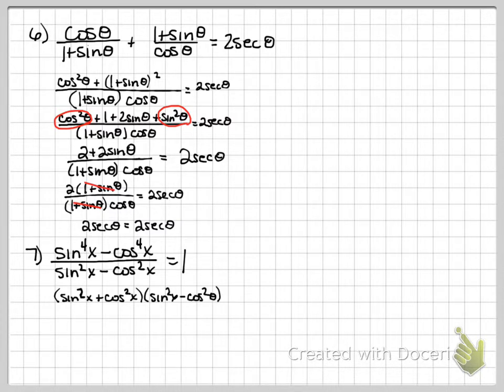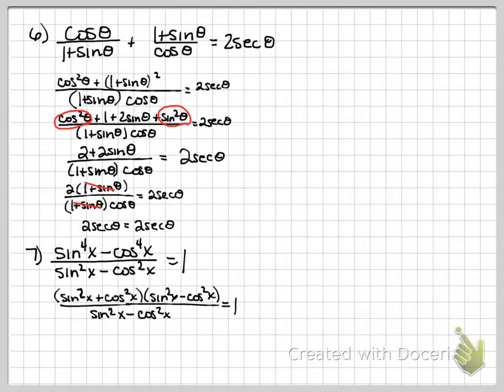And I wrote theta, I'm sorry about that. All over my denominator of sine squared x minus cosine squared x, and the first factor is going to equal 1.